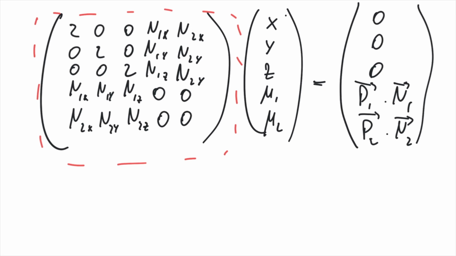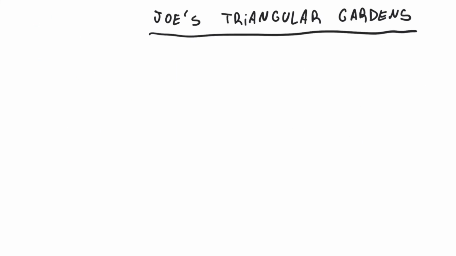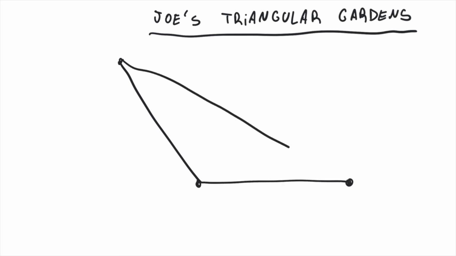It's going to have a great numerical accuracy, and therefore this is a very nice method to have pre-implemented in your notebook. Before moving on, let me mention that in a previous contest I proposed the problem called Joe's triangular gardens, which stated that there was a triangle and you want to find the ellipse that touches the sides of the triangle and is tangent to these sides at the midpoints of these points.